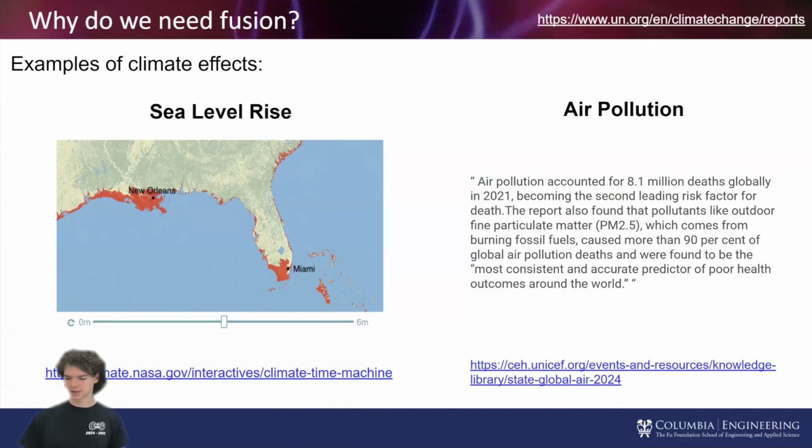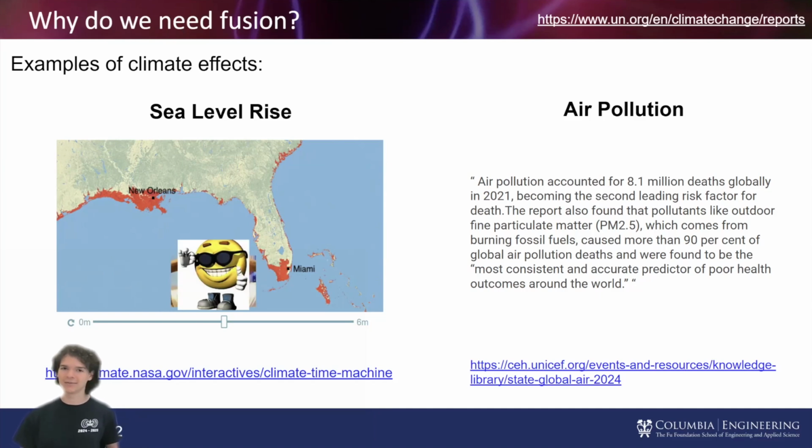I think the information is more exact on the Climate Time Machine, but we start to get concerned with losing certain cities, even in the US, to rising sea levels. So in this case, we lose Miami, which is not very chill, even though there is a chill guy here. We don't want to lose these major cities. This will cost a lot of money and most likely lives as well.